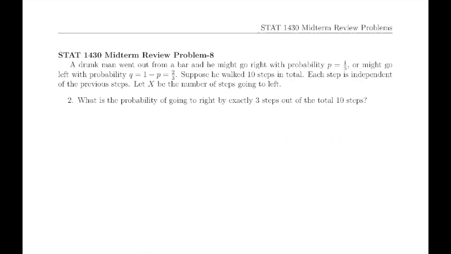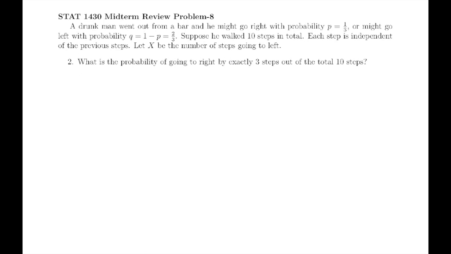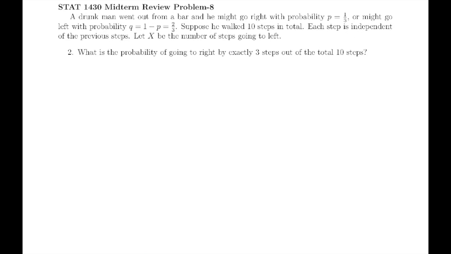Alright, for the next part, we're going to find the probability of going to the right by exactly 3 steps out of the total 10 steps. In this problem, the drunkard can only go to the left or go to the right.